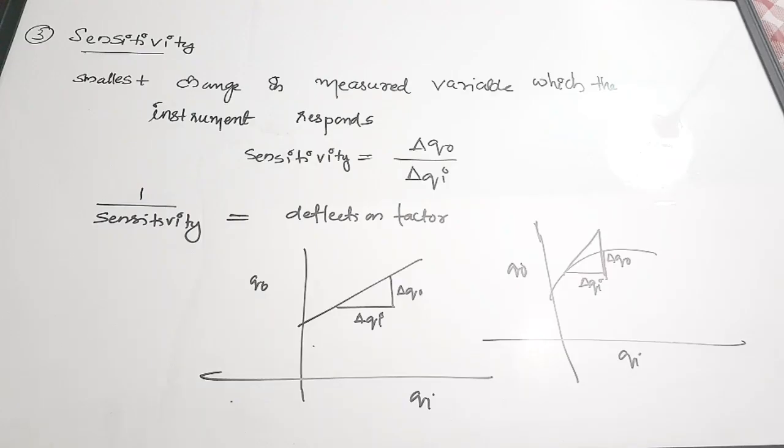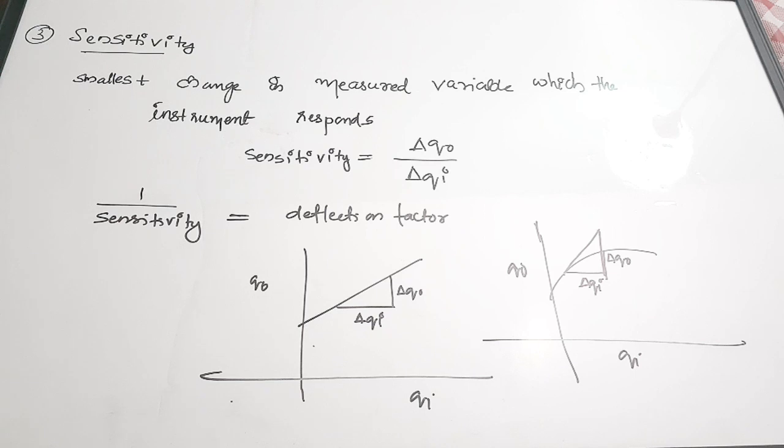The third static characteristic of an instrument is sensitivity. Just like we normally say sensitive means easily reactable. For an instrument, the meaning is the same, but we say it in a different way.